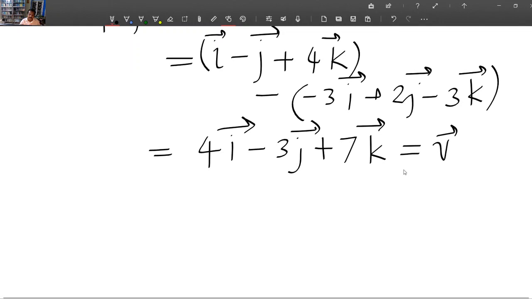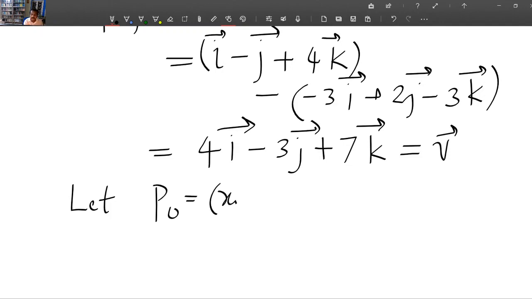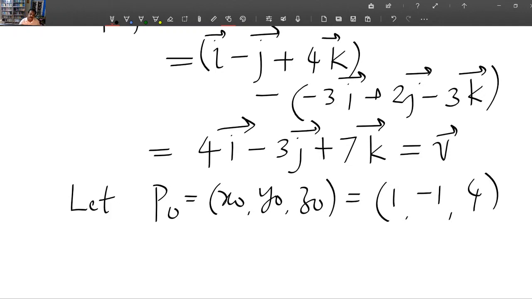So for example, let P naught, with coordinates x naught, y naught, z naught, be equal to 1, minus 1, 4.